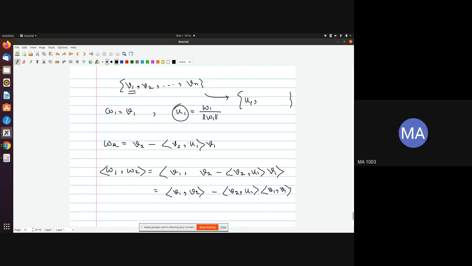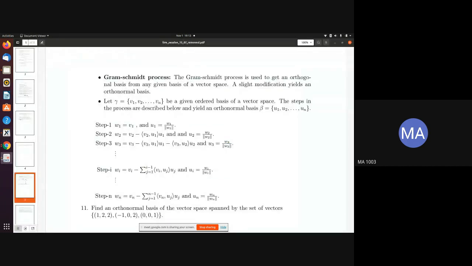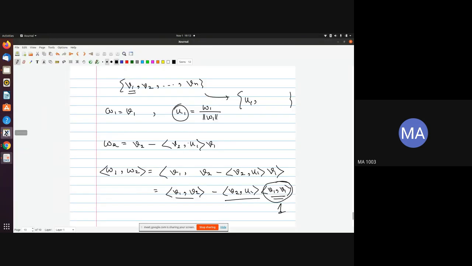Now, since U1 is of norm 1, the inner product of U1 and U1 will be 1. I wrote V1 somewhere by mistake, but this is U1.